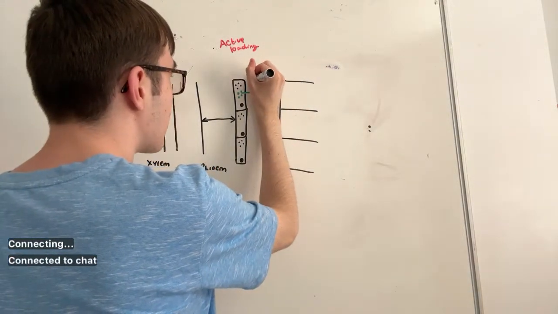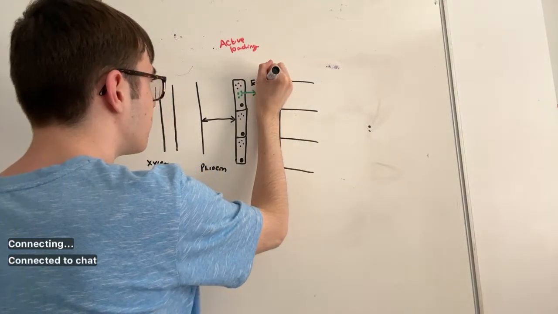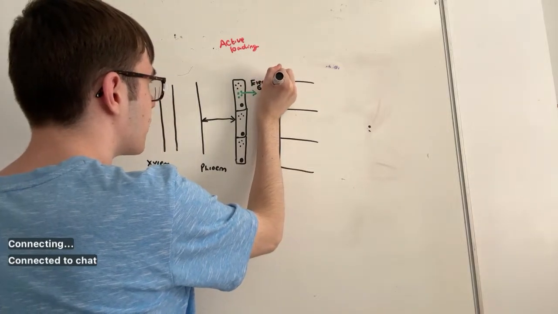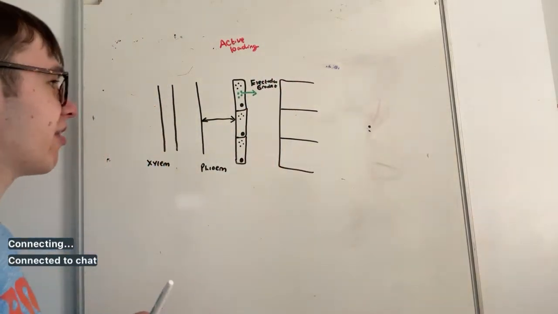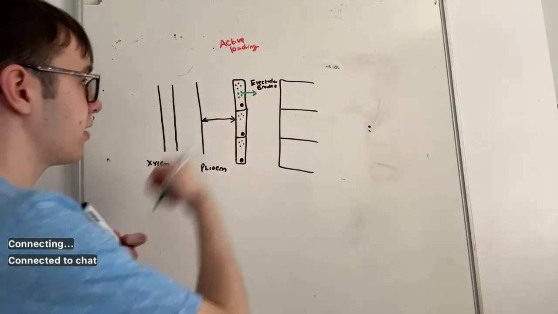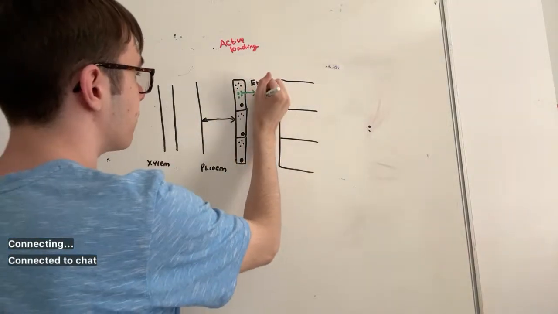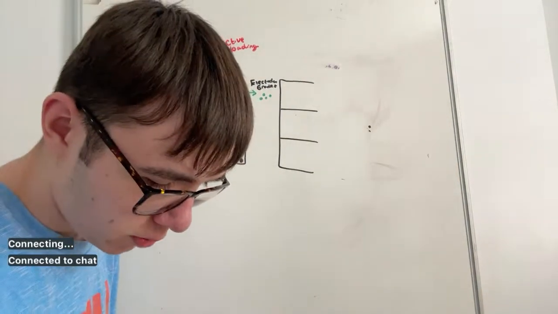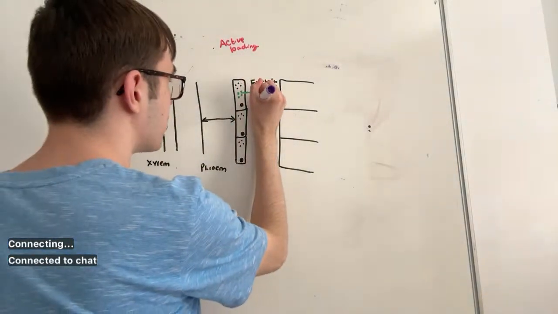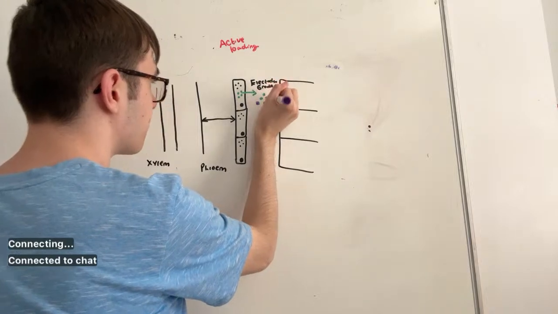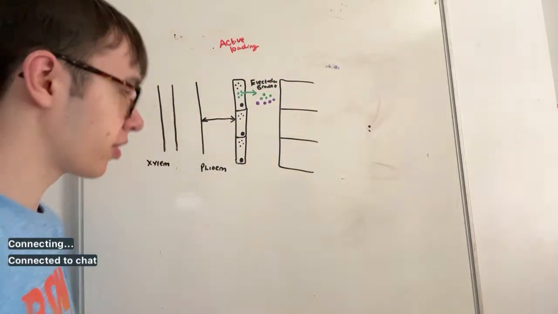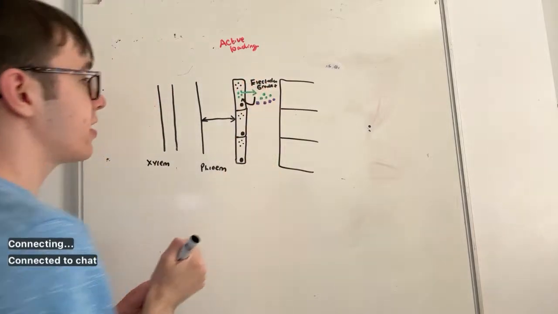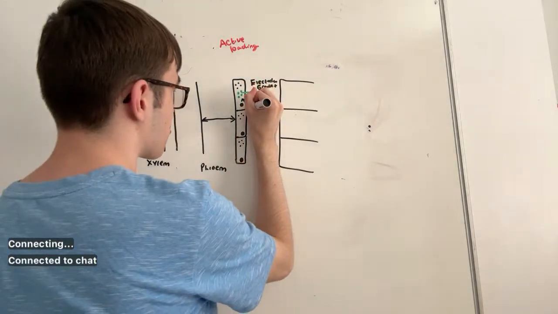And this creates an electrochemical gradient, because there's a huge amount of hydrogen ions here, not a lot in here. So now that we've established this gradient, what's going to happen is via co-transport, the sucrose molecules and the hydrogen ions are going to move back into the cell using a symporter.